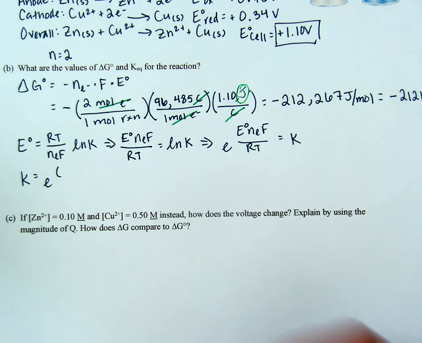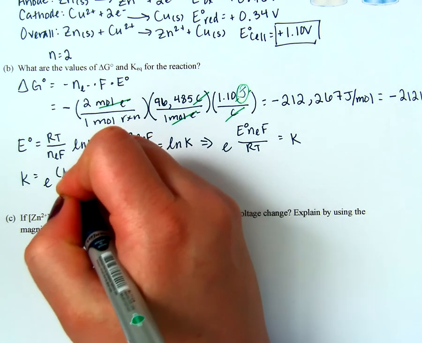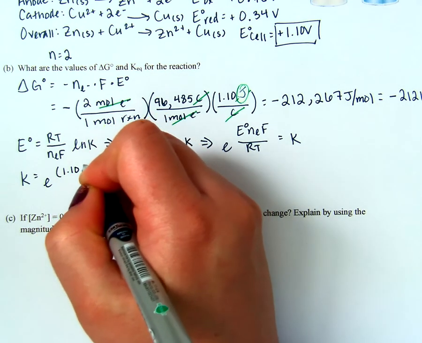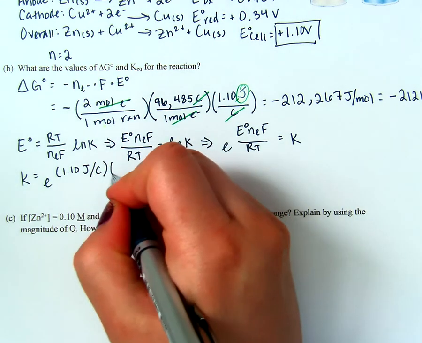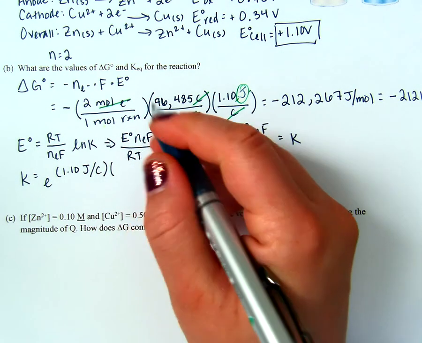Okay, so K equals e to the, now our E naught is what we found up here, 1.10 volts. So that's going to be 1.10 joules per coulomb, which is the same thing as a volt. We had 2 moles of electrons, that's my n.